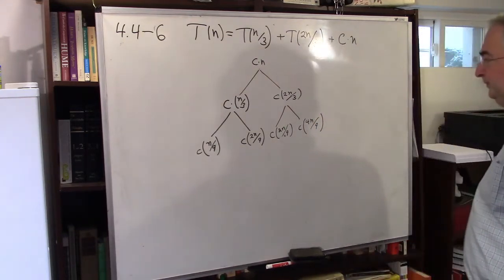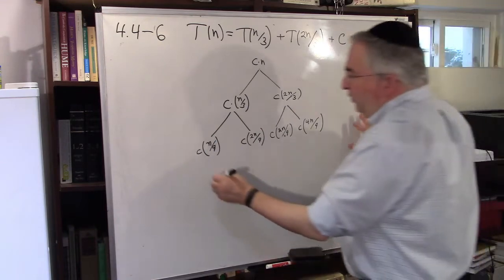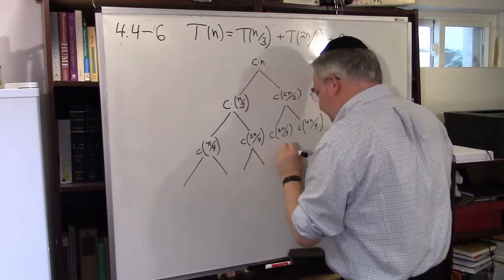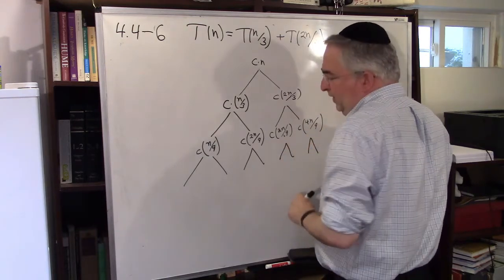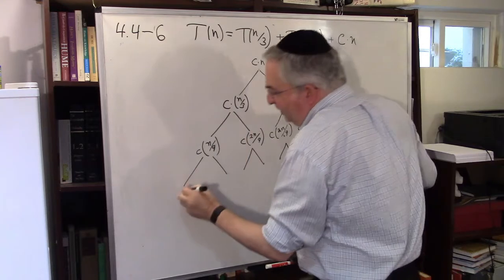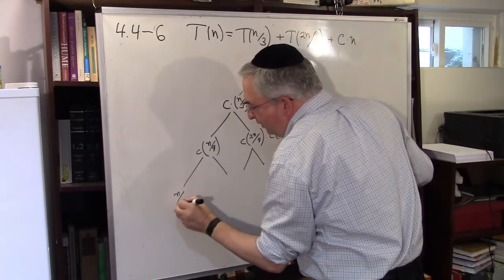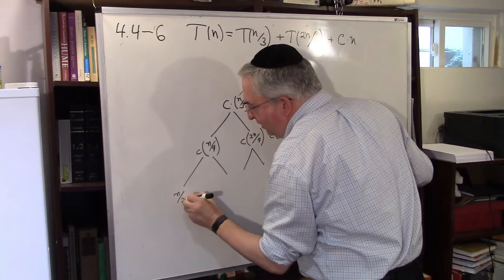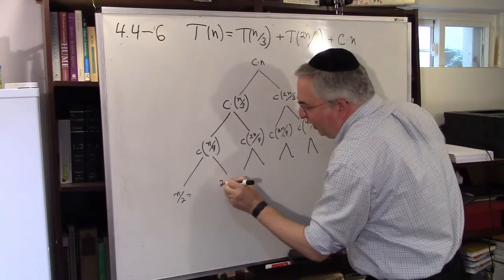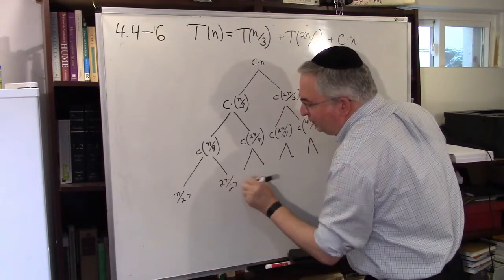Great. Now, when you go on, it gets more interesting. Plug in n over 9 over here. This becomes, let's forget about the c's, n over 27, and this becomes 2n over 27.